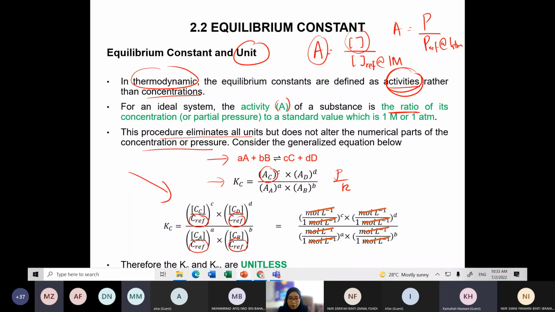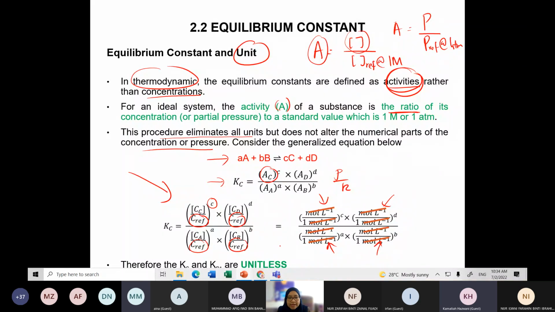Divided by the reactants. So when you look at the units, the top is mol per liter and the bottom is also mol per liter, molar, so they cancel out, before we even apply the powers. The same goes for every other term. So you end up with just a value without a unit.